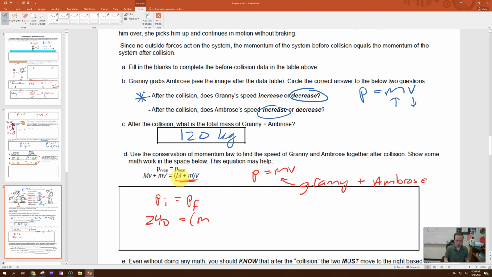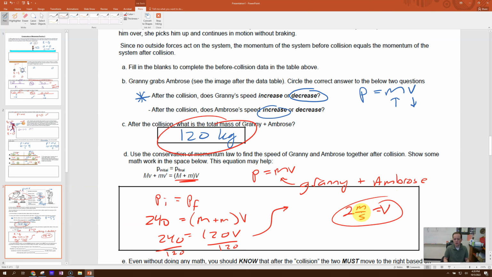So I'm going to use the same equation, p equals m times v, but that's 240 equals 120, because I'm using this number, 120, multiplied by velocity. How do I get v all by itself? I've got to do a little dividing. Divide by 120. This should be familiar to you. What's 240 divided by 120? Use your calculator. It's 2. 2 meters per second. That's the velocity of Granny and Ambrose after.